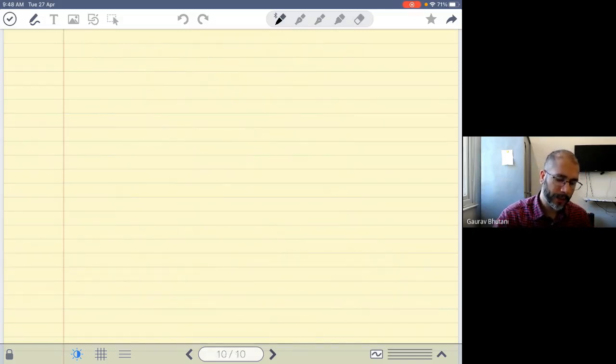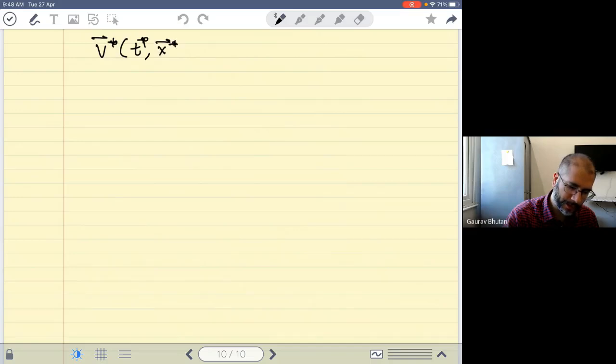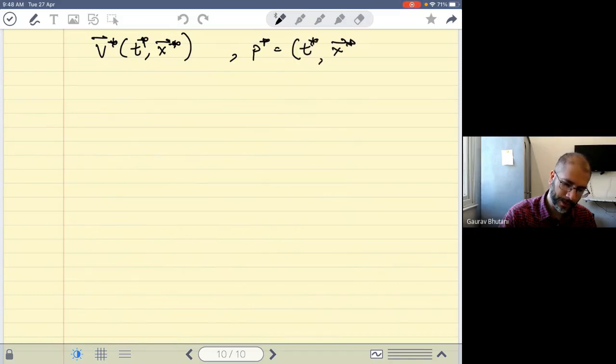As I said earlier, once you solve for V star as a function of T star and X star, because that is what you get from solving the non-dimensional continuity and momentum equations, you will also get P star, again as a function of the independent variables T star and X star. Earlier we were solving V and P as functions of T and X. Now we are solving V star and P star as functions of T star and X star.